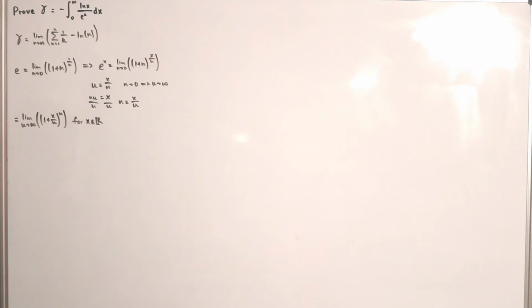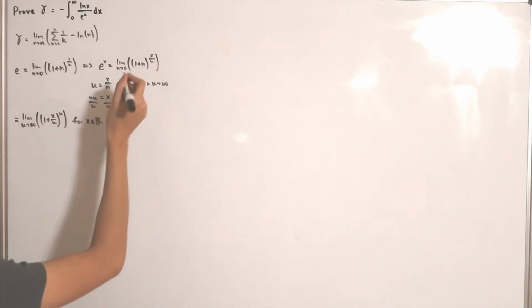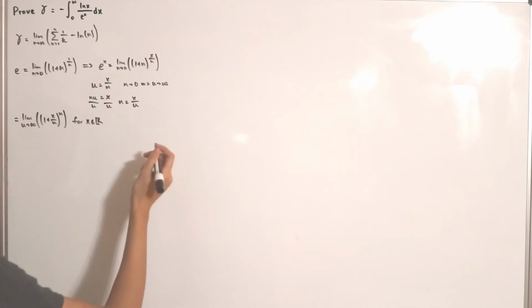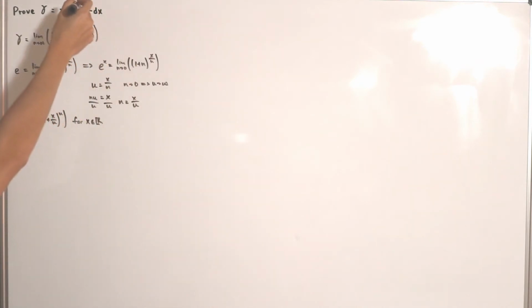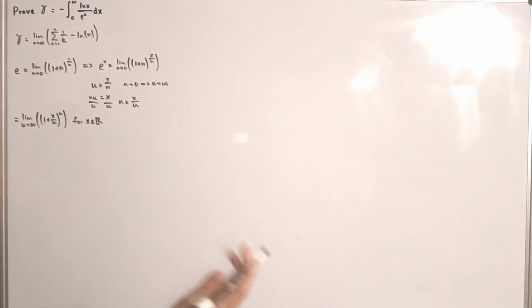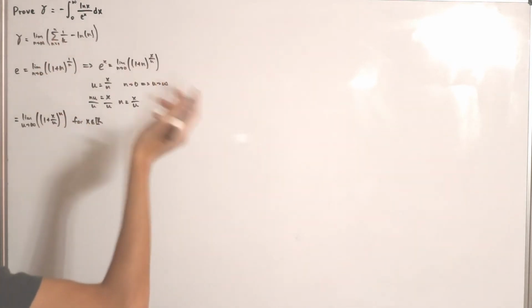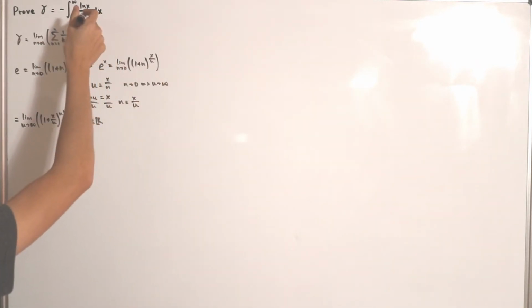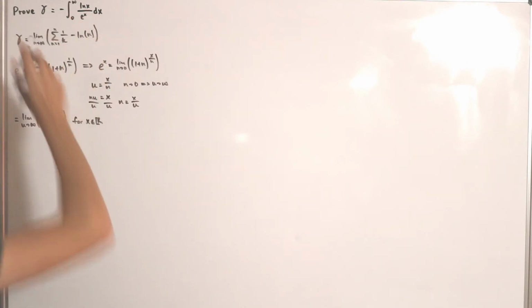Now, because we have ln of x divided by e to the x, we can also rewrite this using our rules of exponents. This is the negative power, so e to the negative x.